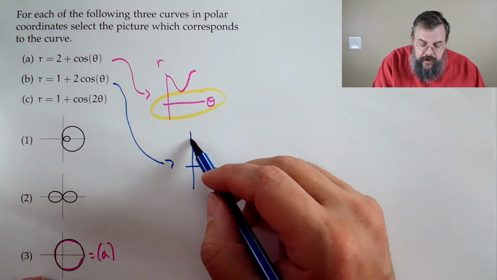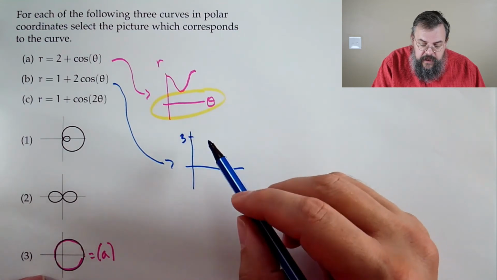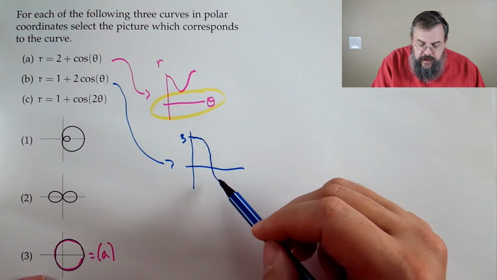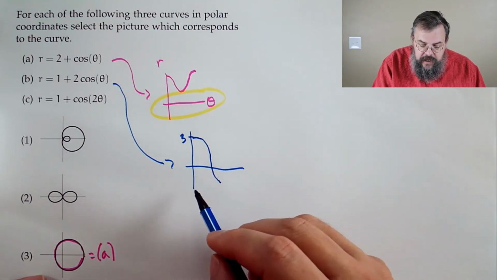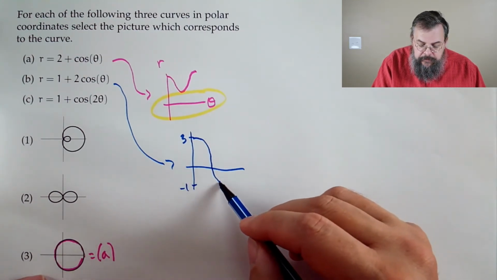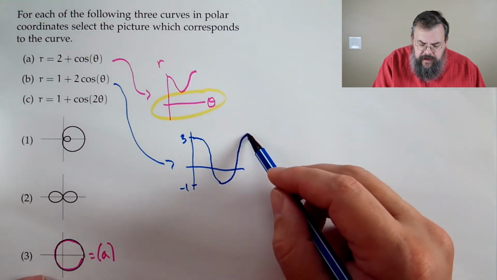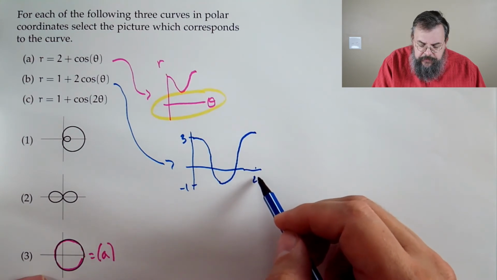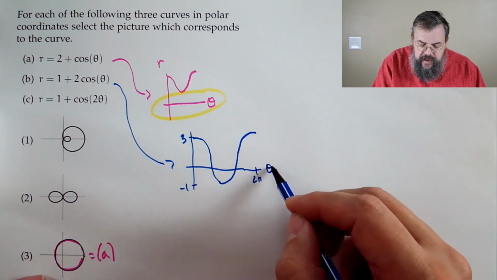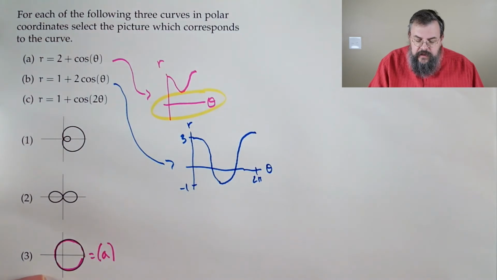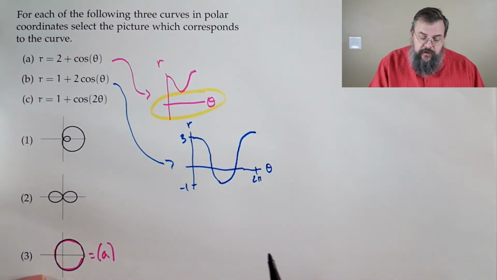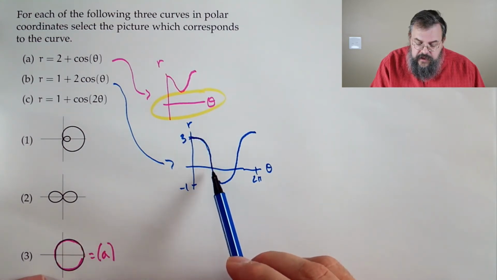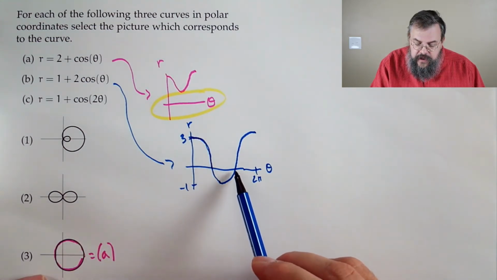So, for instance, at theta equals 0, we're at 3, and then it will go down, but the worst it will ever get is -1, and then it'll come back up to 3 again by the time we hit 2 pi. Okay, so this is theta, this is r. So how do we think about this? Well, it says you're far out, you come close, then you sort of cross over, and then you go back up again.